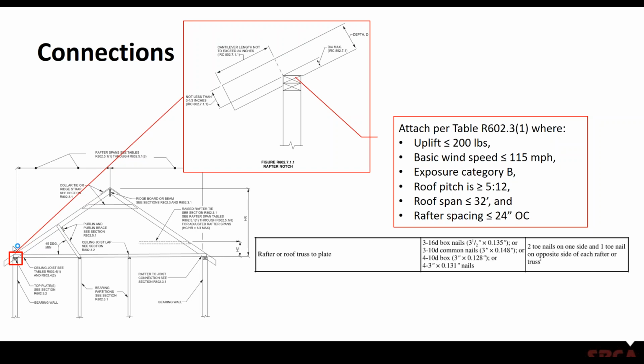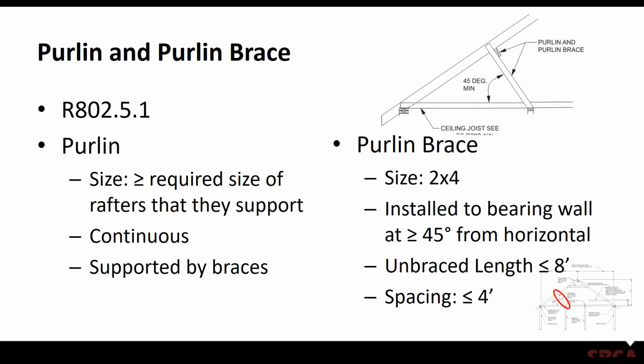If you don't, then you've got to go to section R802.11 for tables that basically provide much higher values. They don't call out what the connection is, but they do show what, for various pitches and on-center spacings, the uplift reaction is that you have to then come up with, or the contractor or the framer would have to come up with some type of a mechanical connection for.